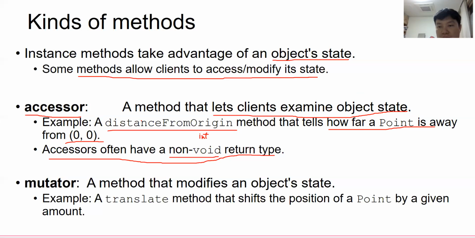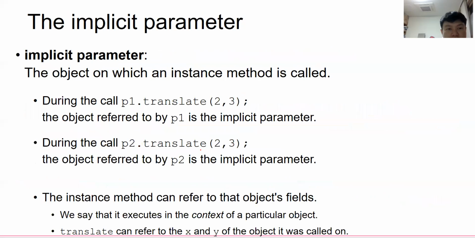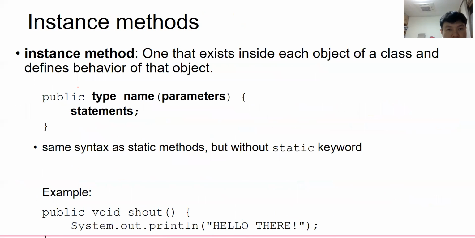It is only a mutator. But if it is an accessor you want to access, then you need to have a non-void. Non-void means you will have the type. If it is void, you don't need to return any values. But if it is a particular type like integer, then you need to return an integer value.